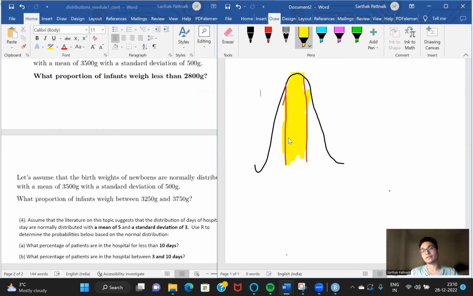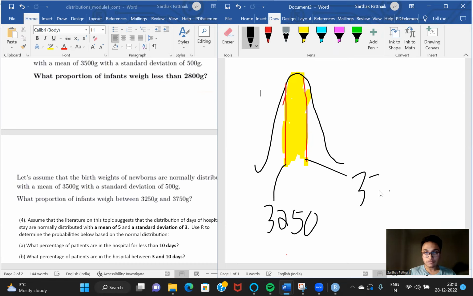We know these two points. This right here is 3250, and this right here is 3750.